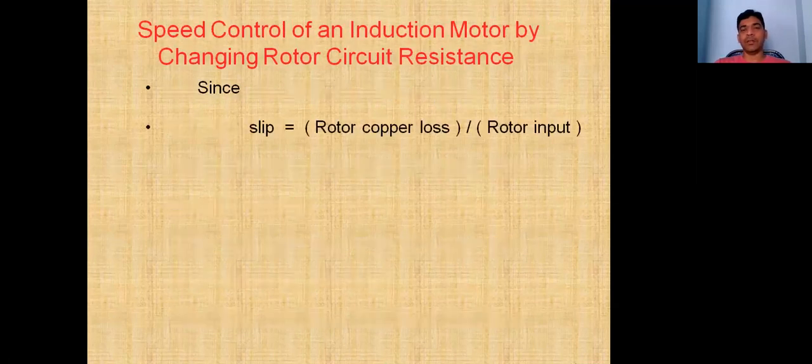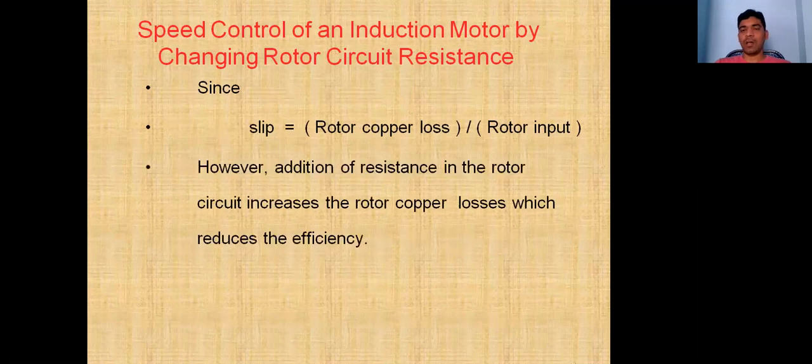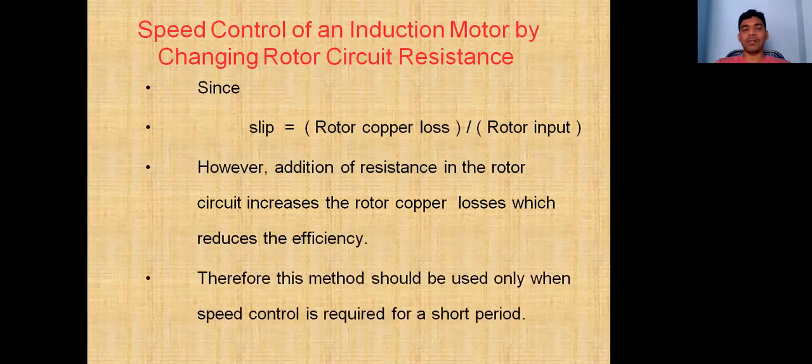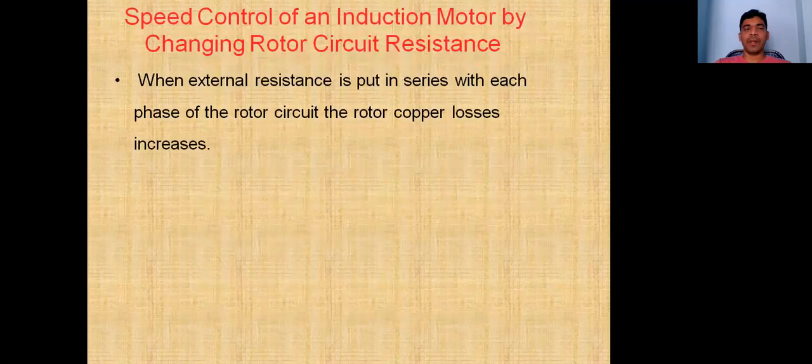Since slip is equal to rotor copper loss by rotor input, addition of resistance in the rotor circuit increases the rotor copper losses, which reduces the efficiency. Therefore, this method should be used only when speed control is required for a short period.